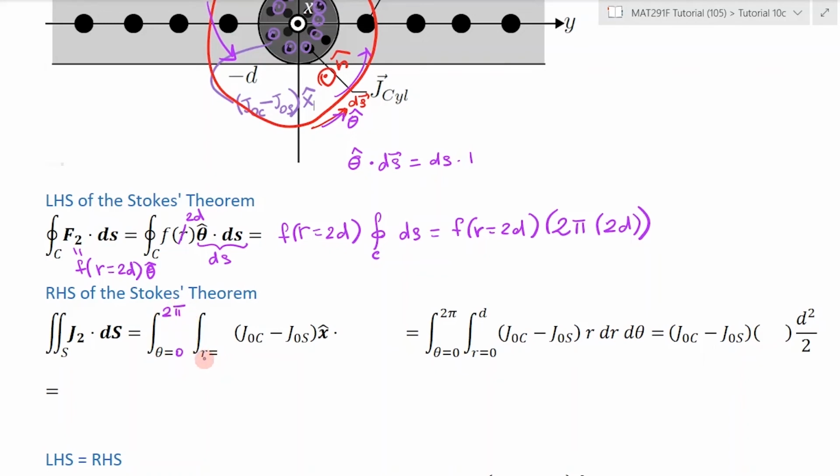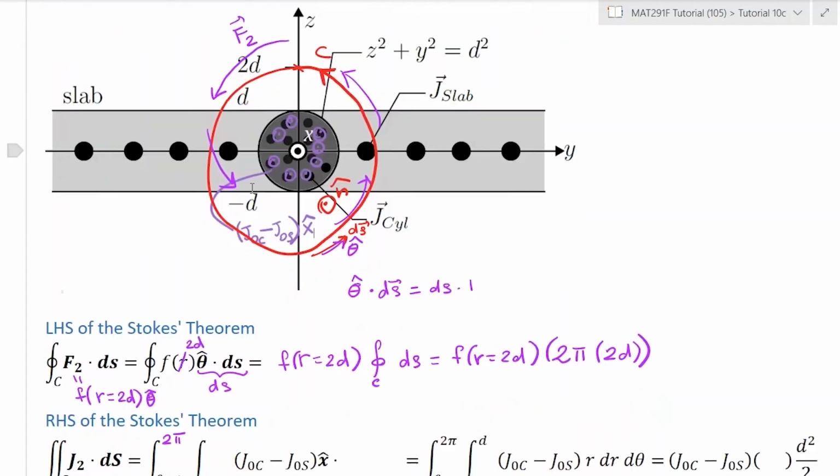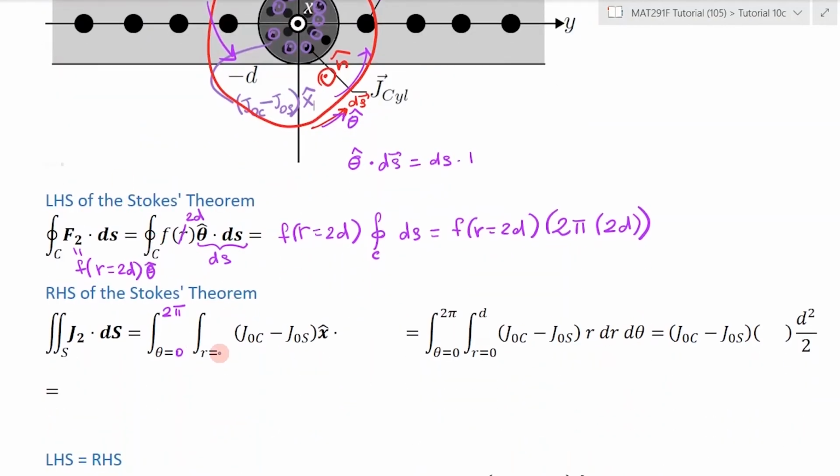R, well, we need to be careful here. You see that this is applicable only inside of the cylinder. The current density is 0 everywhere outside the cylinder. Then this means that R needs to go from 0 to D.